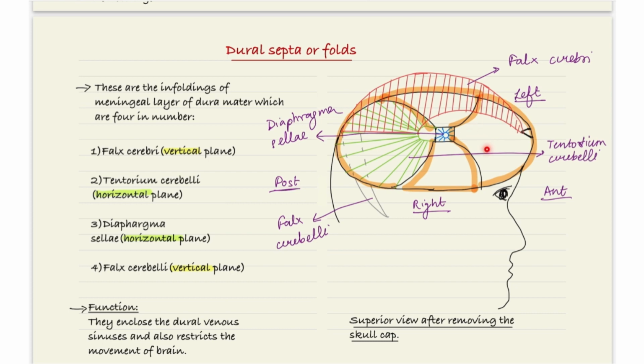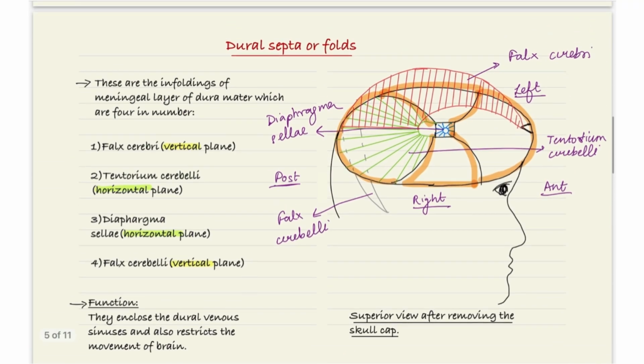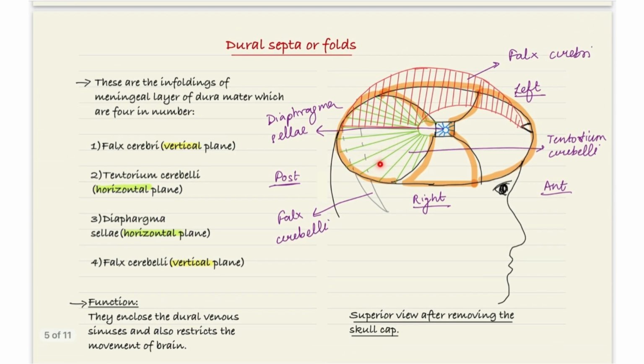So what is written? It forms the roof of posterior cranial fossa. Here is the posterior cranial fossa. So this tentorium cerebelli forms the roof of it.